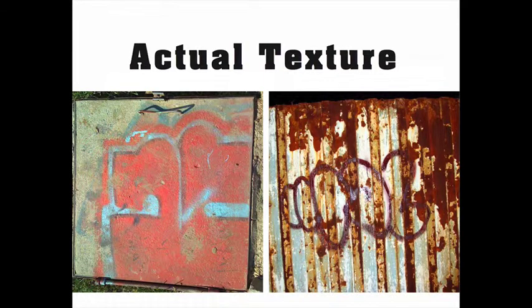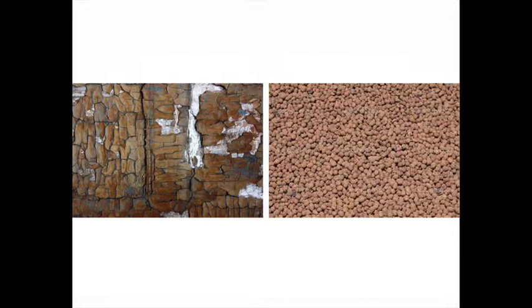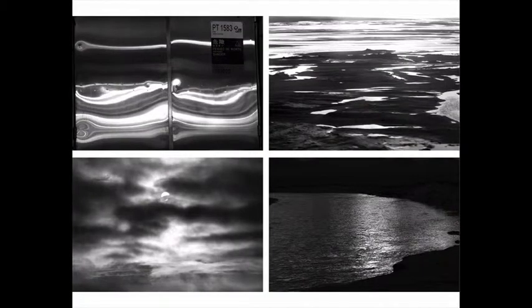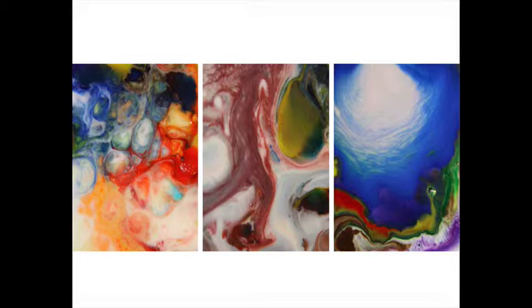So actual texture, you can see that anywhere, even just by walking on the street, you see all the fallen leaves, the spray, the graffiti, yes, and this rusted wall or certain types of stone, anything that you can see around, it exists in nature, and you can also create it on your own.